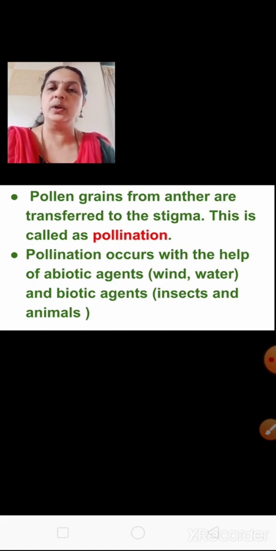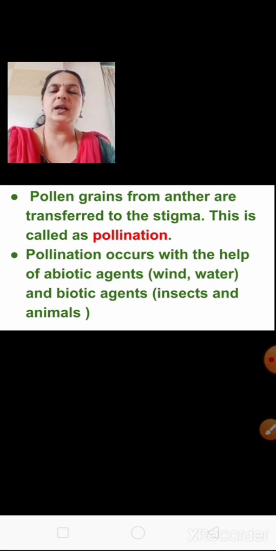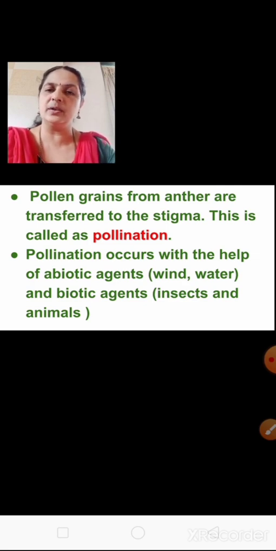So the pollen grains present in the anther, which is the male part of the flower, are transferred to the stigma. This is called pollination. Pollination occurs with the help of abiotic factors as well as biotic agents. What are the abiotic ones? Like water and wind, when there is a nice heavy wind.